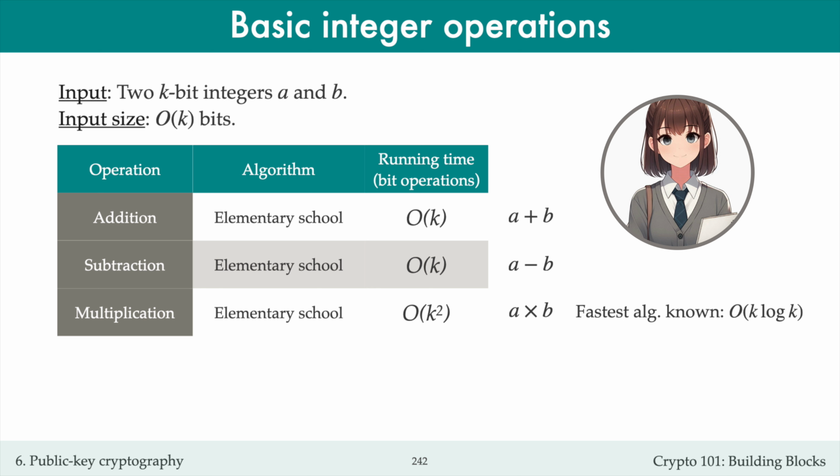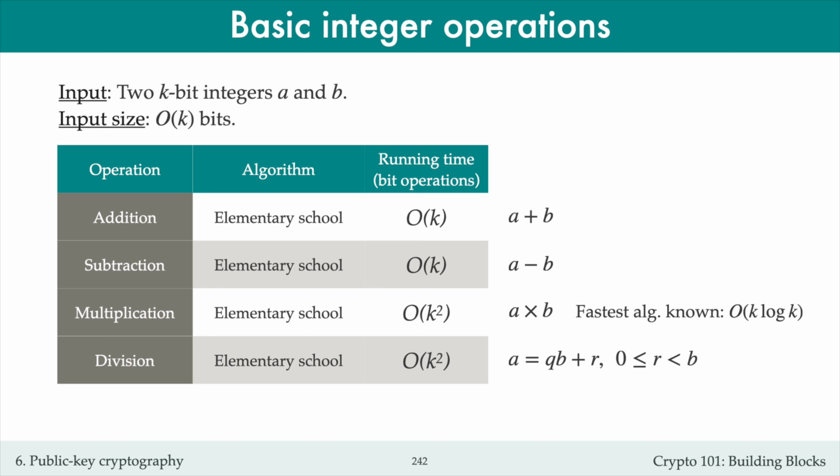An outstanding open question is whether k-bit numbers can be multiplied in big O of k bit operations. In this sense, integer multiplication is not fully understood. I'll let you verify that ordinary long division of two k-bit integers can be done in big O of k squared bit operations.